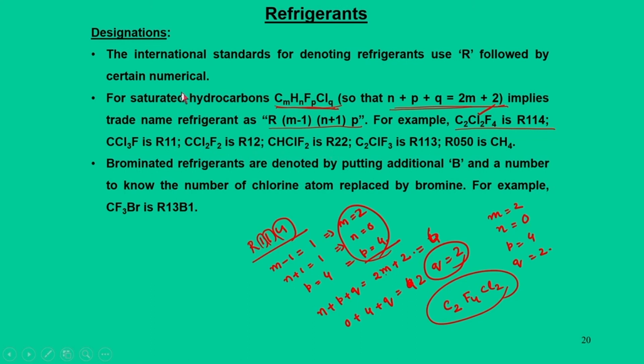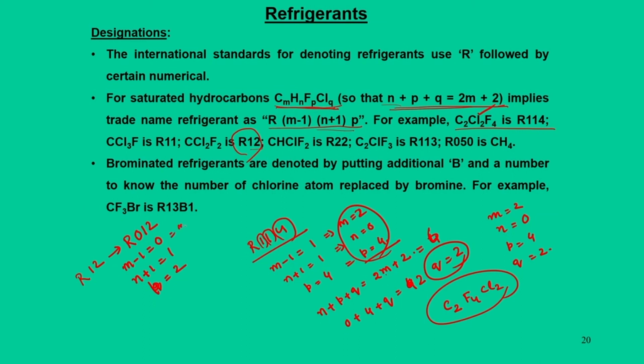Another important point is when you talk about R12, where there are only 2 numbers. In that case, when you talk R12, we have to rewrite it as R012. When you say R012, then we work like this: m minus 1 is equal to 0, n plus 1 is equal to 1, and P is equal to 2.